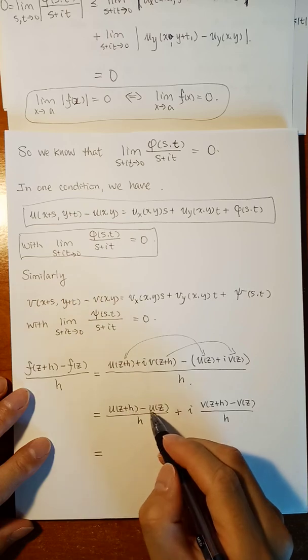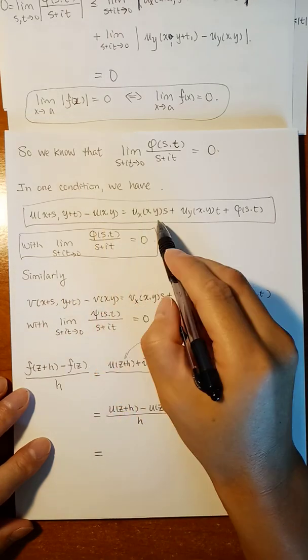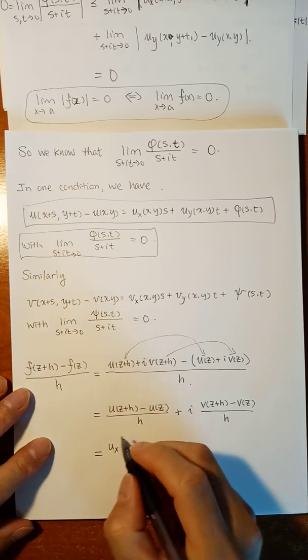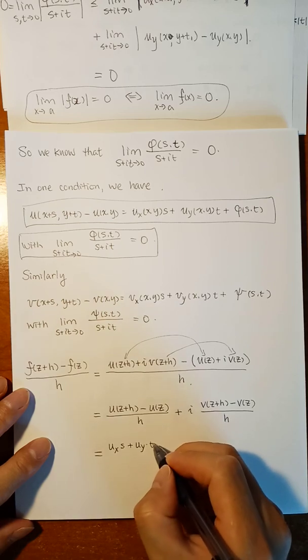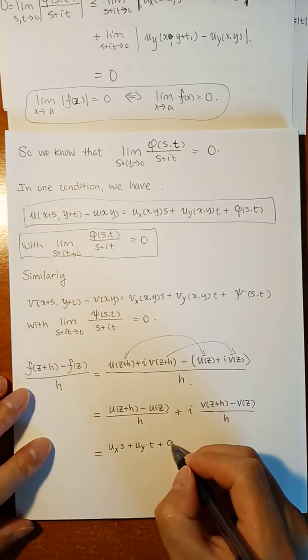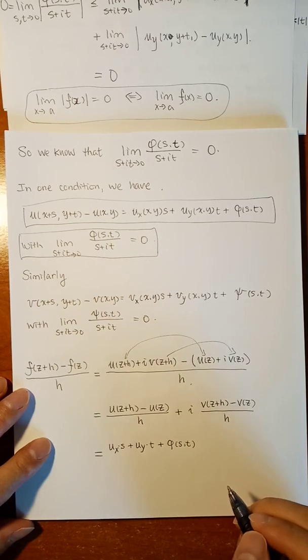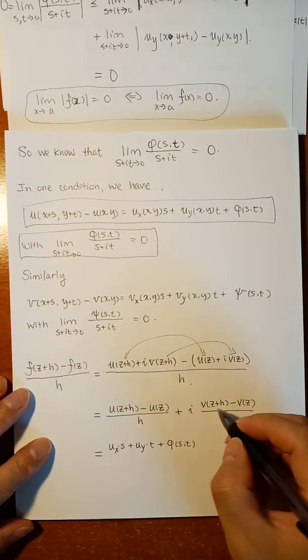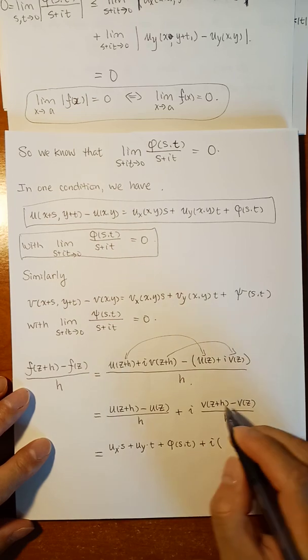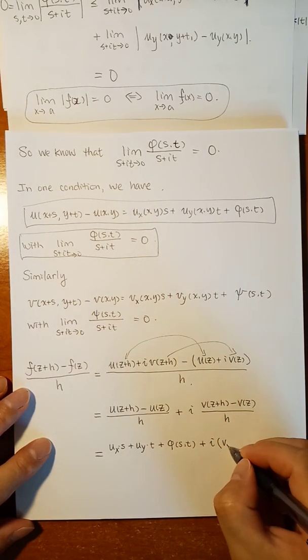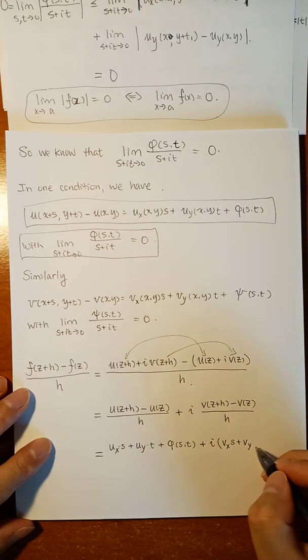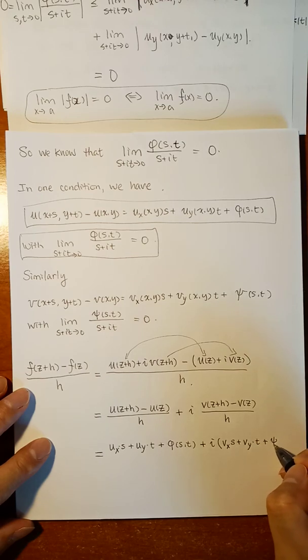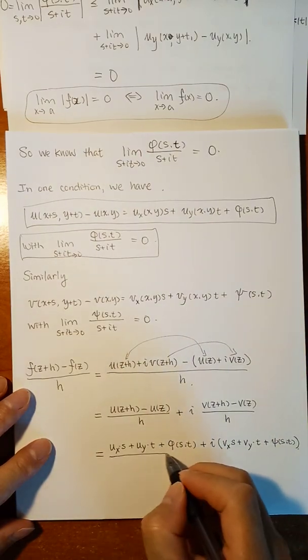u(z+h) minus u(z) is u_x times s plus u_y times t plus phi(s,t). This is the numerator, and this part is plus i times v_x times s plus v_y times t plus psi(s,t), totally over h.